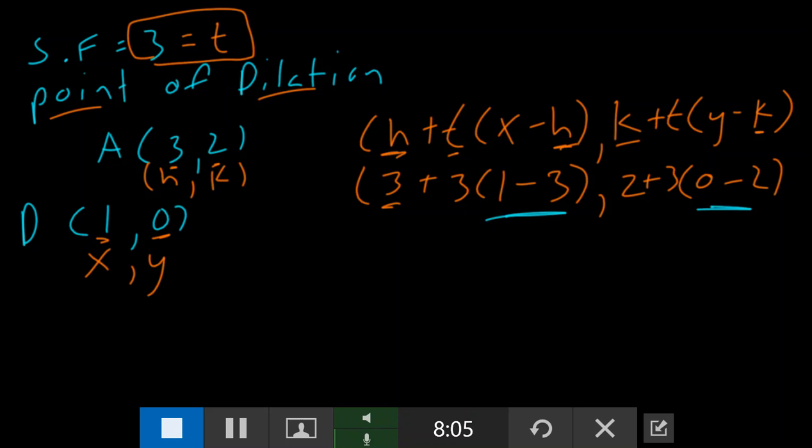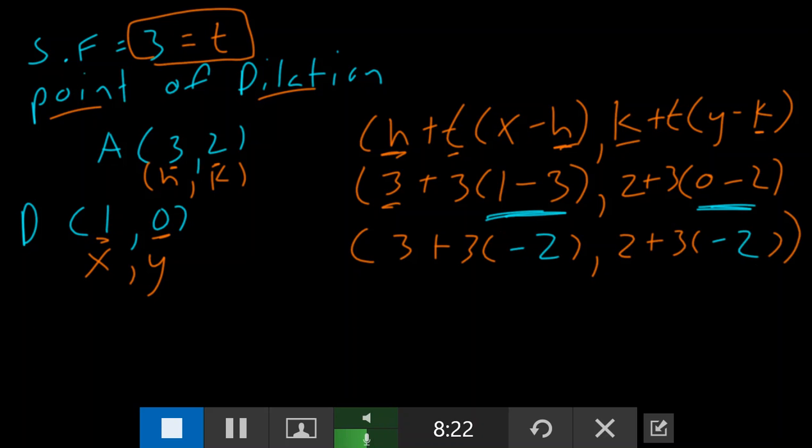Now from here, remember, I always want you guys to start by simplifying what's inside the parentheses first. So what would that look like? 3 plus 3 times something, comma, 2 plus 3 times something. And here we have 1 minus 3, which is negative 2. We have 0 minus 2, which is still negative 2. Hey, that's kind of easy. Now from here, we'll always do our multiplication next.